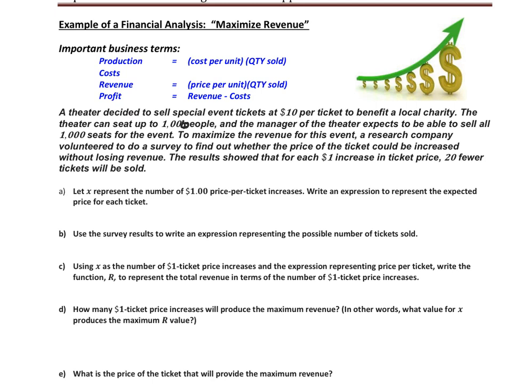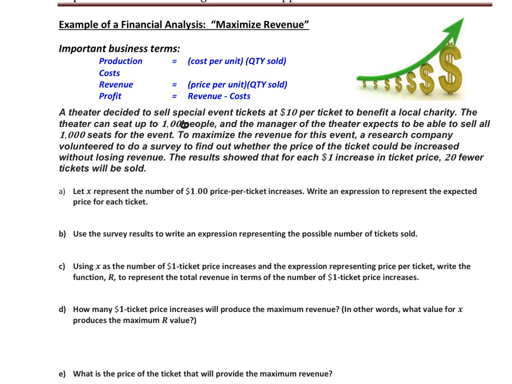So the goal of this analysis is to determine what price of a ticket is going to generate the most revenue. And so each of these letters here, A through H, are going to step us through that analysis one step at a time.